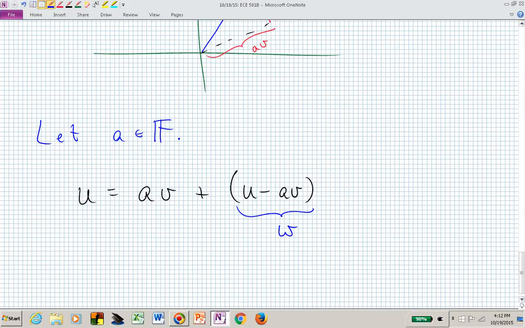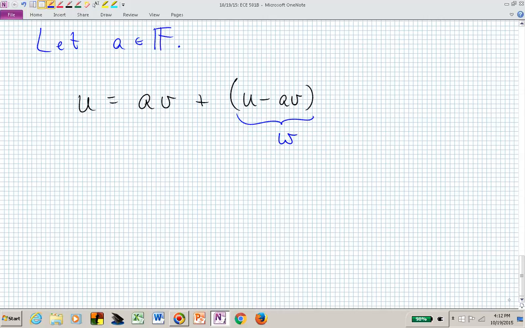And if you look at the right-hand side, all we're doing is adding 0 to u. So we really haven't changed anything. It's still u. U plus av minus av. But we've collected those pieces in a particular way so that now we've identified one piece in the direction of v, and we want to select a such that w is orthogonal to v. That's how we are going to define a.